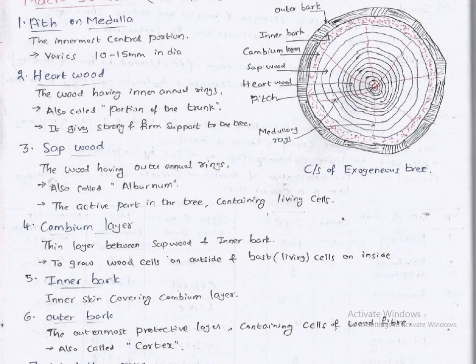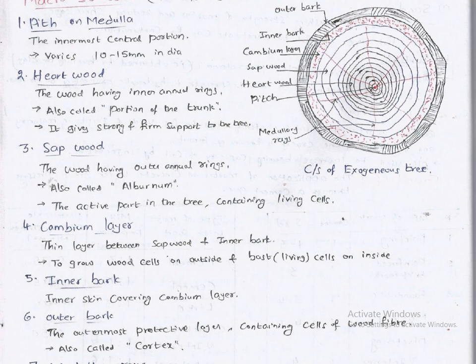Moving on, pith or medulla: the innermost central portion, varies from 10 to 15 mm in diameter. Heartwood: the wood having inner annual rings, the matured portion of the trunk, it gives strong and firm support to the tree.